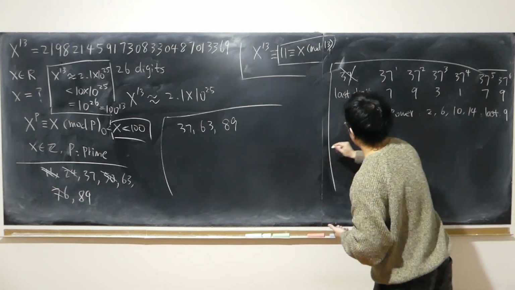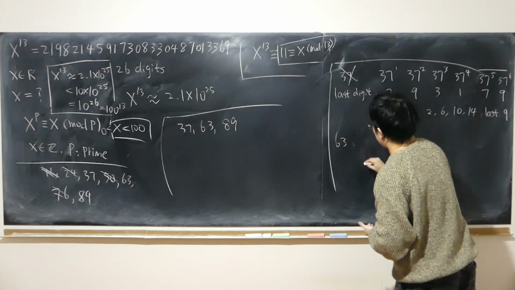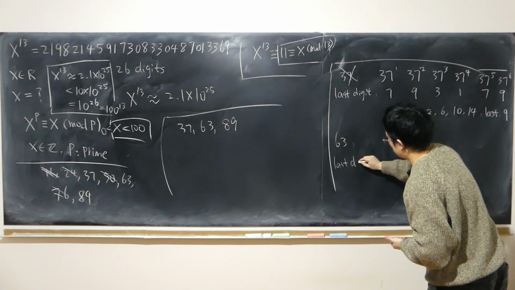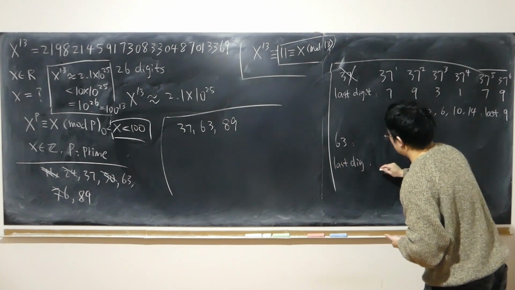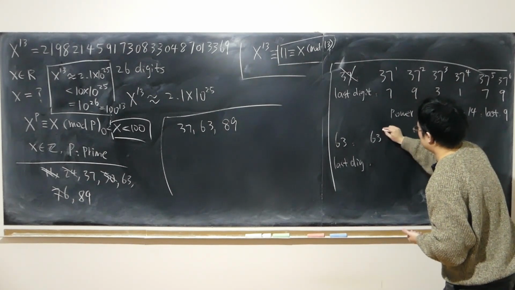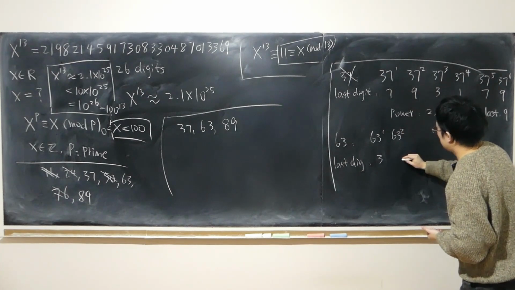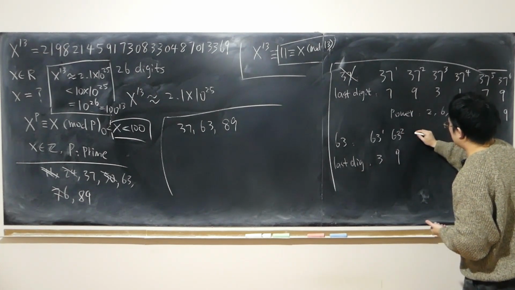Now 63, last digit. Raised to power of 1, last digit 3. Raised to power of 2, last digit 9.